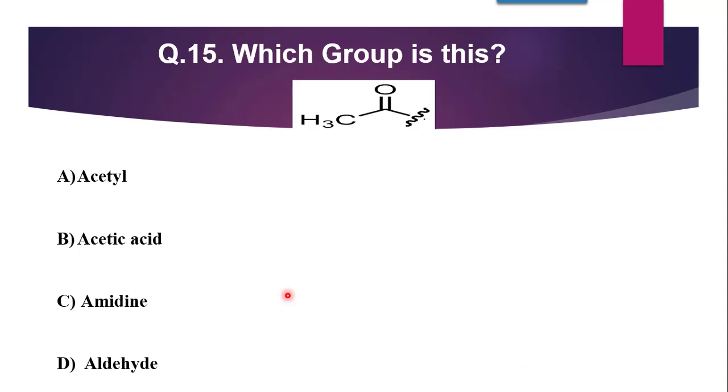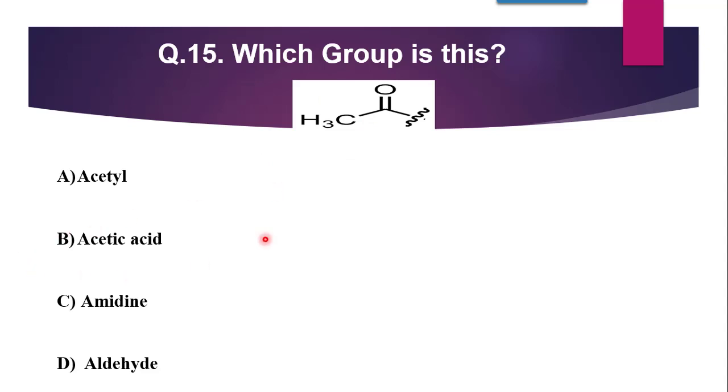Now coming to the next question. Which group is this? C double bond O CH3. This is the acetyl group, which can be bound to a substituent. When it is bound to a respective substituent, it is given the respective name. For example, CH3COCH3 is RCOR, a ketone, but here it is an acetyl group.